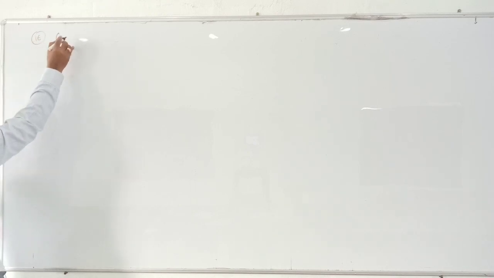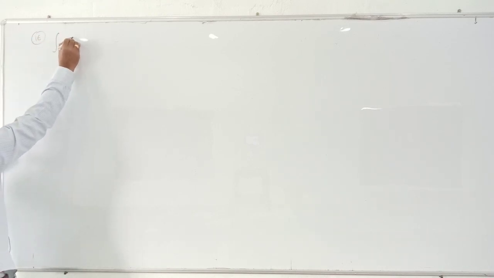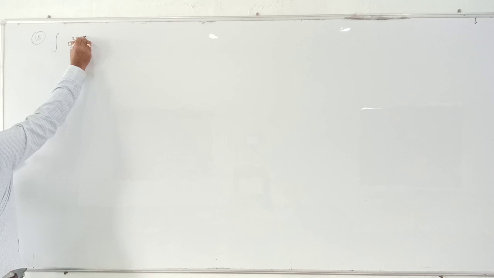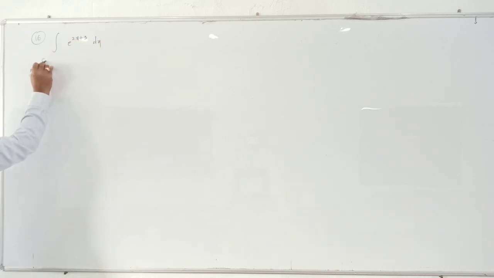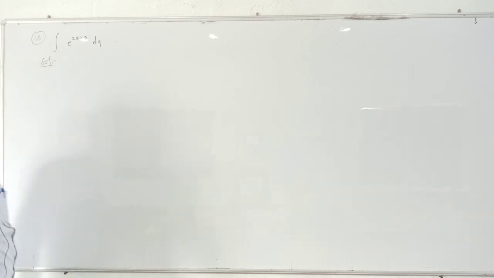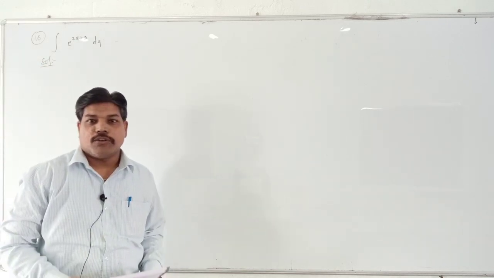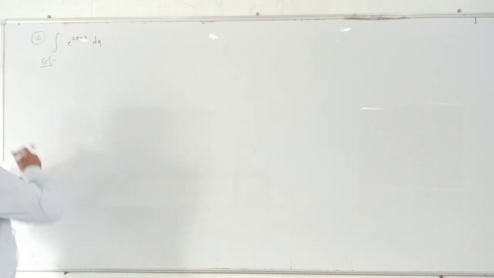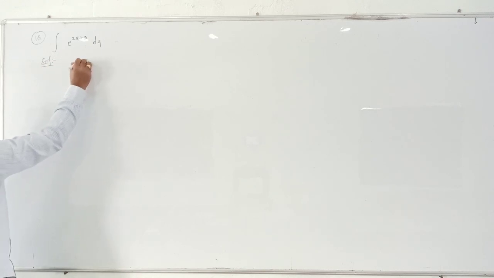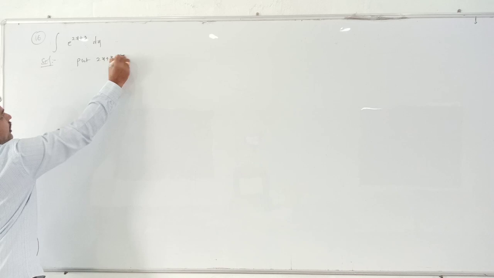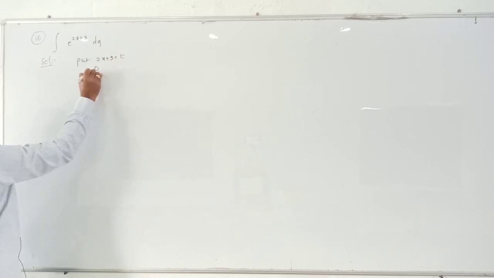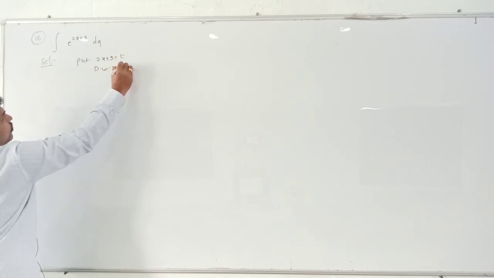see the question number 16. Integral of e power 2x plus 3 into dx. So see the solution here. Integral of e power 2x plus 3 into dx. So first we will take that. Put 2x plus 3 is equal to t. So differentiate with respect to t.